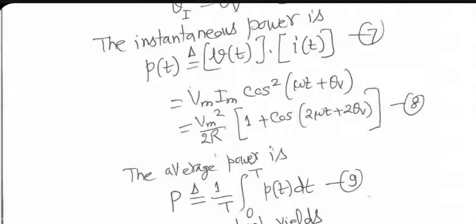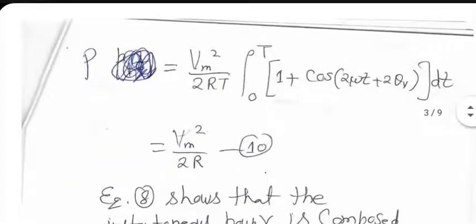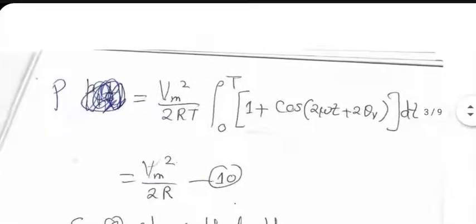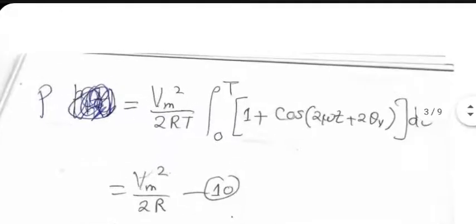The second term, you can do it yourself. Integrated over 0 to T will give you 0. Cos of (2 omega t plus 2 theta v) will have the integral of sine of (2 omega t plus 2 theta v) divided by something. Take the limits between 0 and capital T, you will get 0.